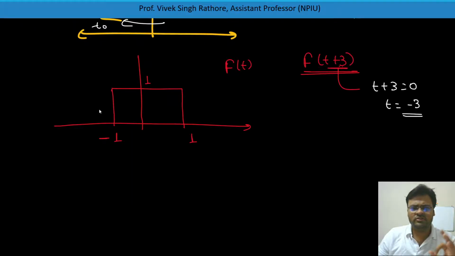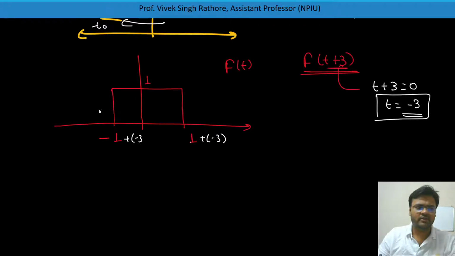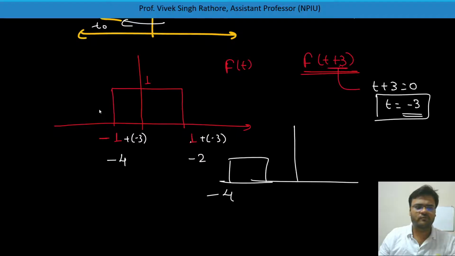So you get t is minus 3. Just do the simple thing: add this value to all the points. 1 plus minus 3 is minus 2, and minus 1 plus minus 3 is minus 4. So the signal now becomes the pulse from minus 4 to minus 2, and the magnitude remains the same.